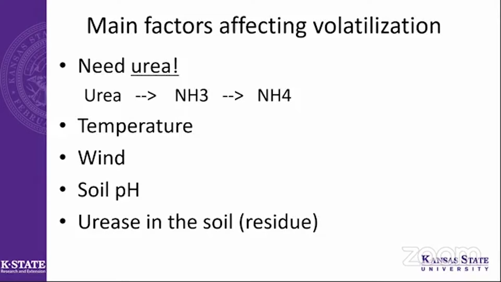So with UAN, you're not going to have as much volatilization potential. That's a key. We need to have urea, and the process that happens is when you put urea in the soil, it goes first to ammonia and then to ammonium, and that ammonia is the one that we can potentially lose if we are not incorporating this quickly.